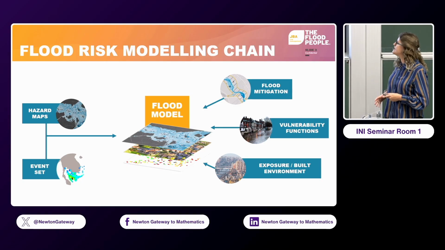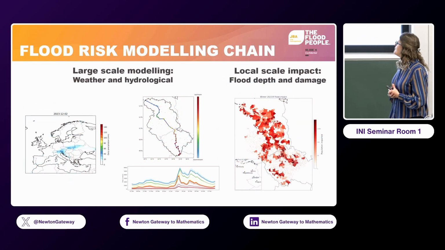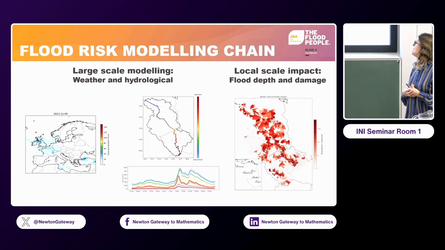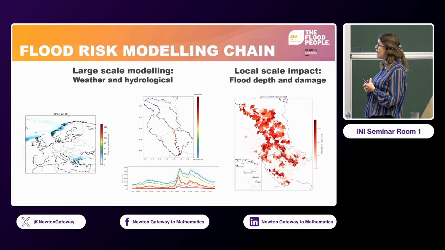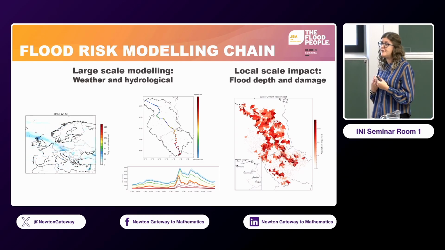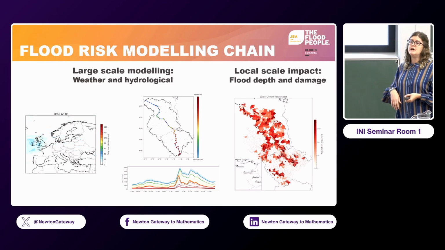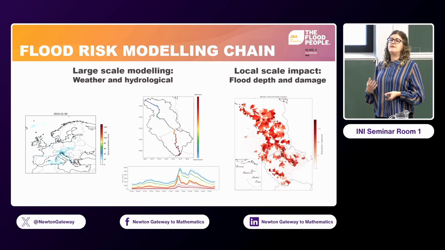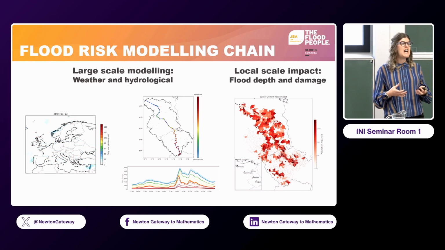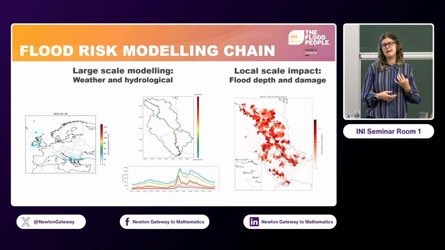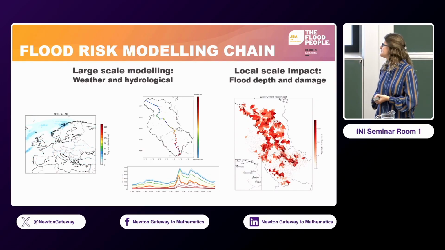But I'm going to simplify this today, and we're just going to talk about two main parts of that diagram. On the left, I've got what I'm referring to as our large-scale modelling. When we're looking at this, we're thinking of the spatial scales of reanalysis data, so maybe like 10 to 30 kilometres.